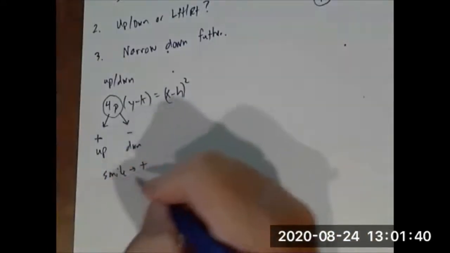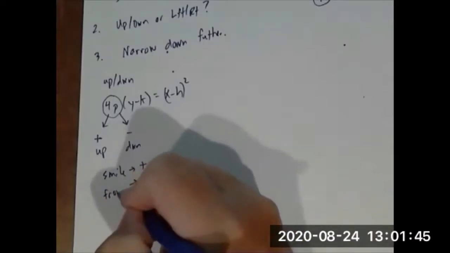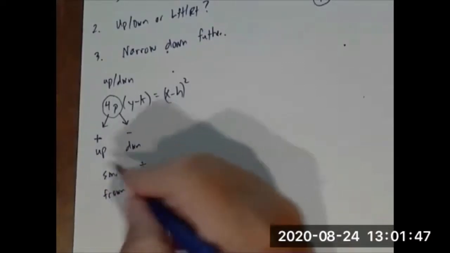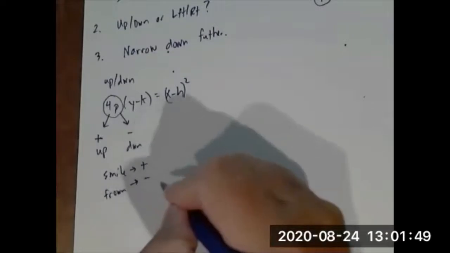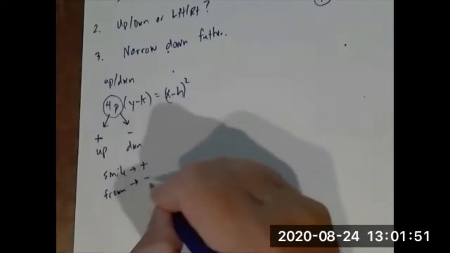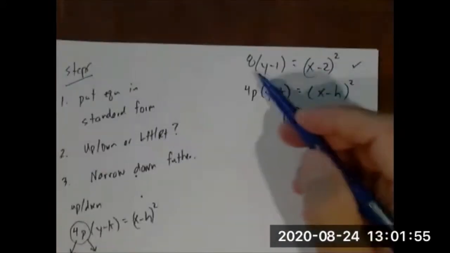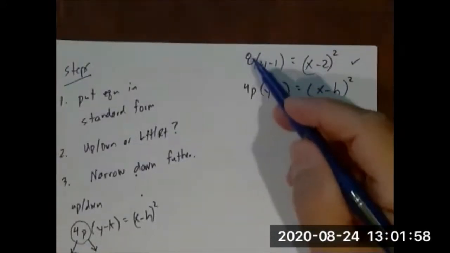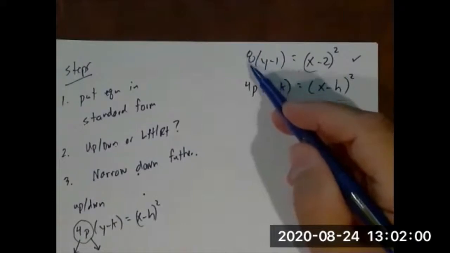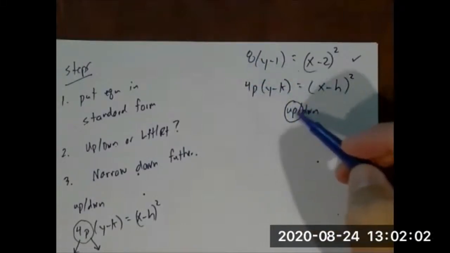What does a negative person do? A negative person frowns. A smile is like a U, it opens up. That's positive. A frown is negative. So once I see up here, I have a positive number. I think, oh, positive, like a positive person smiles. The parabola opens up.